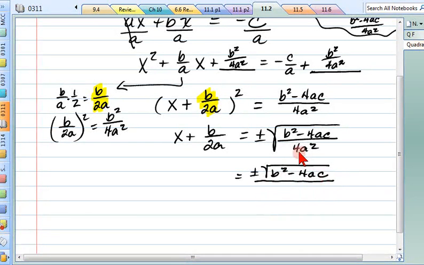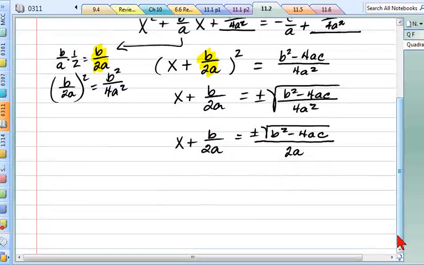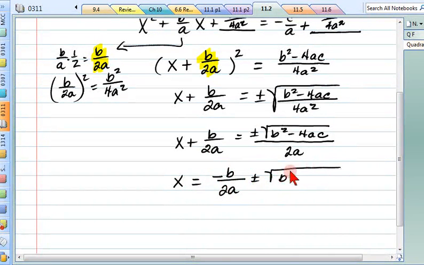But the denominator is a perfect square. What's the square root of 4a squared? 2a. It's not under a radical anymore. So I have x plus b over 2a is equal to this right-hand side. Now I need to subtract b over 2a from both sides. x is equal to, it's going to show up on the right side as negative b over 2a plus or minus the square root of b squared minus 4ac, and that's over 2a.